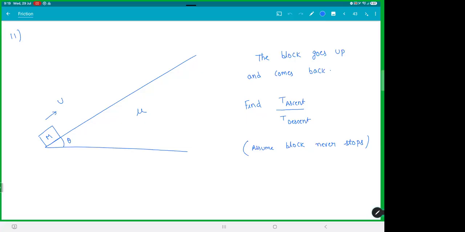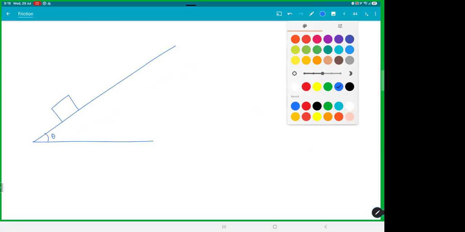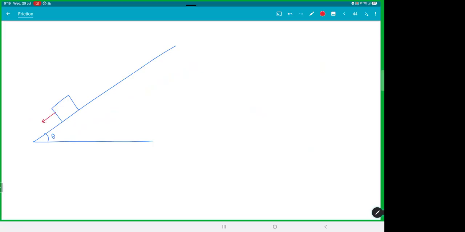You're not going to get a good answer here. So listen. While going up and coming down, you have different accelerations. When you're going up, the velocity is upward, so your mg sine theta is backward. Friction is also backward. Since you're sliding, F is max.